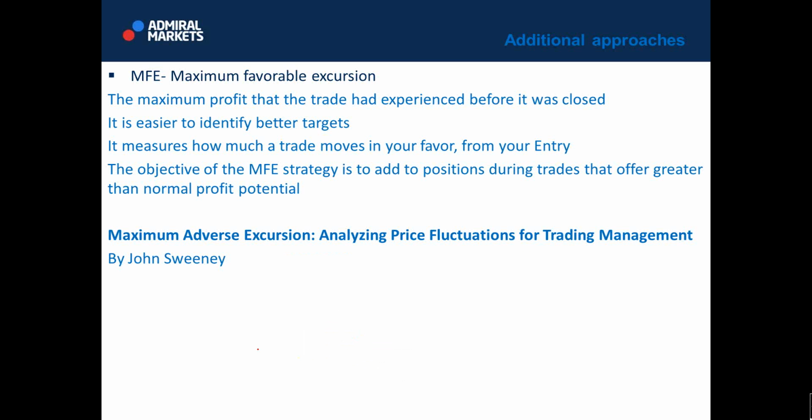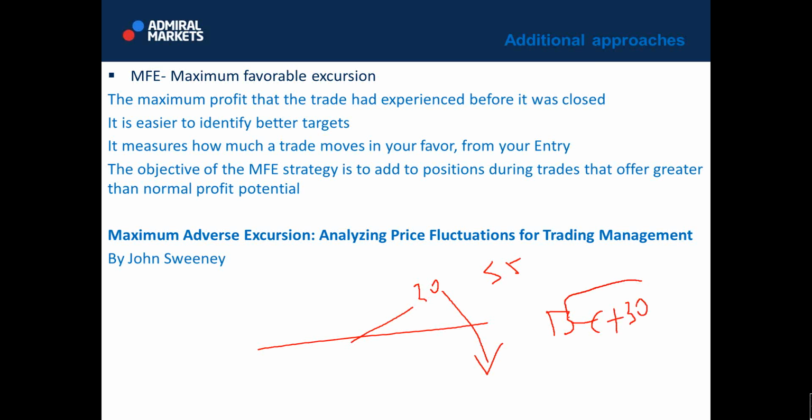You should invest your time into doing that. And if you find out that most of your trades are moving 30 pips in profit before they go down, then after your trade moves 35 pips in profit, you should put your stop loss to break even plus 30 and secure those 30 pips, and use the trailing stop after it moves 40, 50 pips in profit.